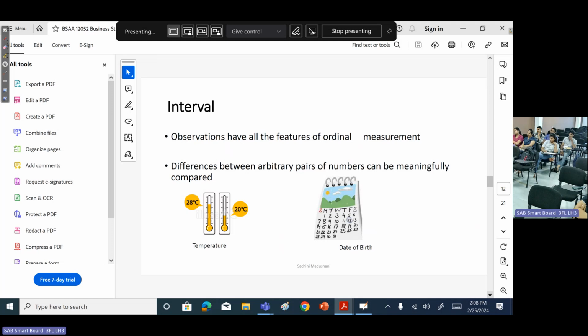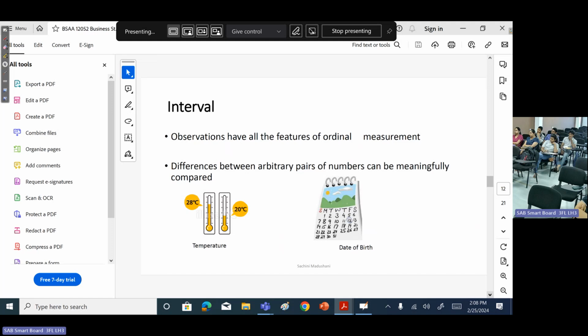It means we can apply addition or subtraction to interval scale variables and the answer is meaningful. A date is an interval scale variable. Your birthday is a date. Using your birthday, I can calculate your age as of today's date. How do you get the age?